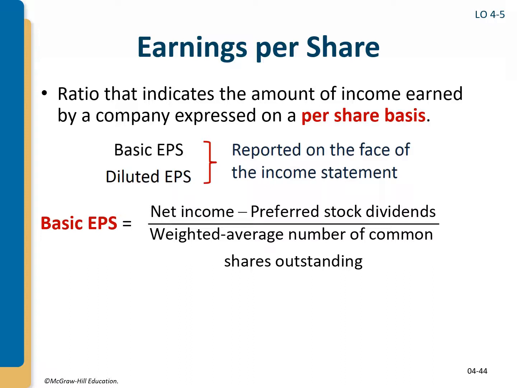And we divide that part of net income by what we call the weighted average number of common shares outstanding. So we do some averaging, especially if we are selling common stock throughout the year. We just don't go beginning of the year, end of the year divided by 2. We have to do some actual weighting of ownership of the shares throughout the year. But in the end, that's what we're calculating.